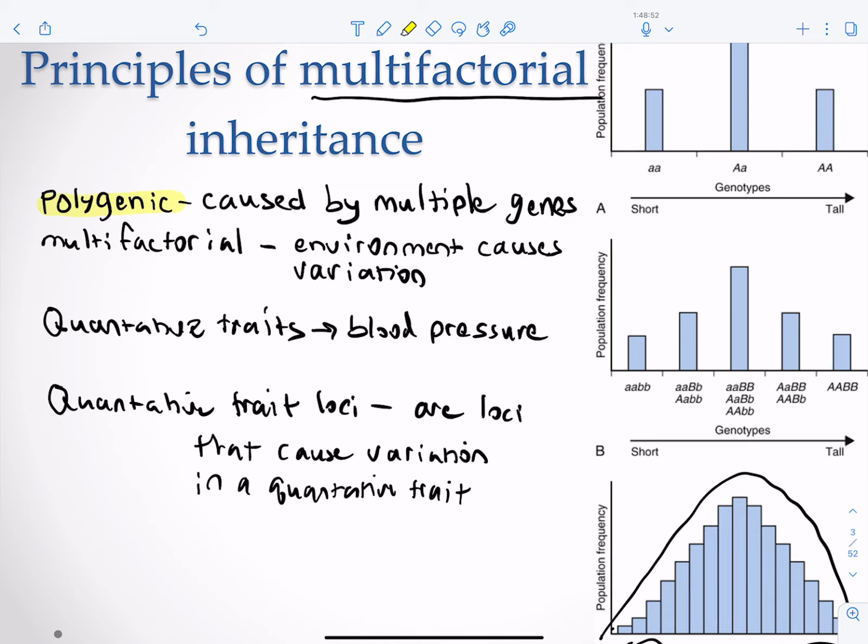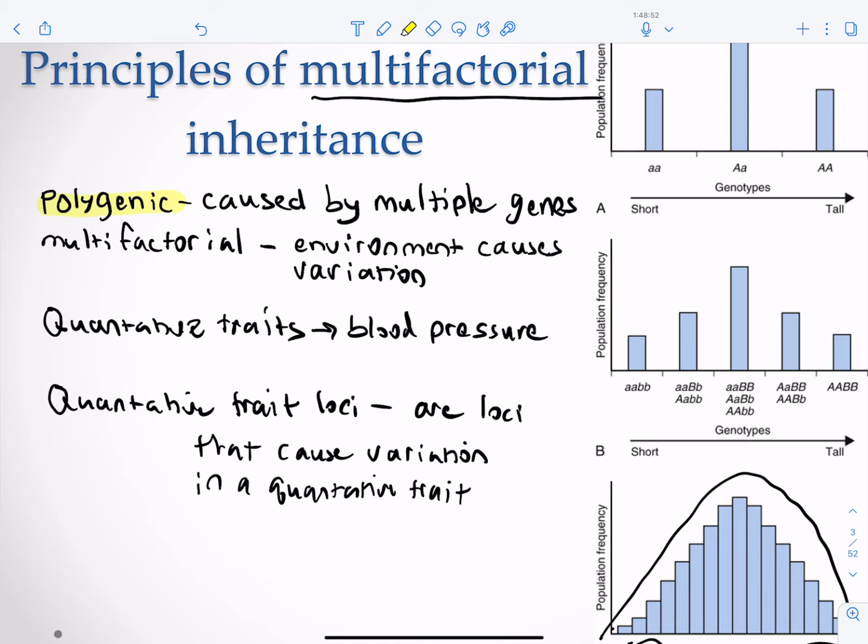You can have quantitative traits that are going to have multifactorial inheritance patterns, such as blood pressure. You can have some genes that predispose you to high blood pressure, but if you don't combine that with external influences, such as stress, then you don't have high blood pressure. Just having the risk for high blood pressure does not mean you're going to present with it.